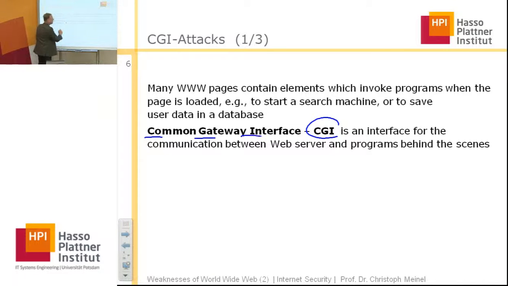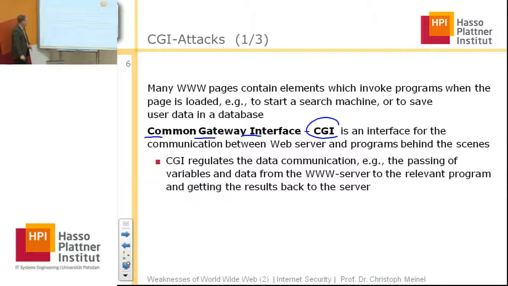Interface. We have discussed this when we discussed web technology, so you know the task and you know how this CGI is working. So CGI provides an interface for the communication of the web server and the application. The applications are started to provide some results that are requested by a user in the World Wide Web.